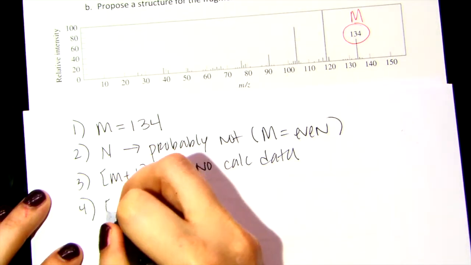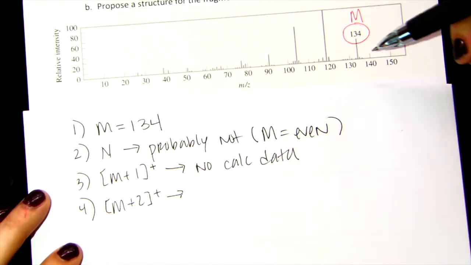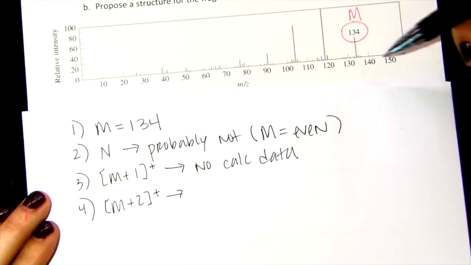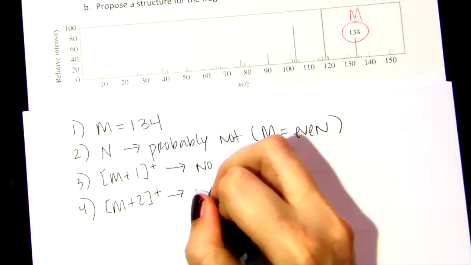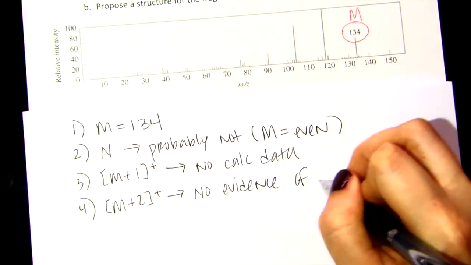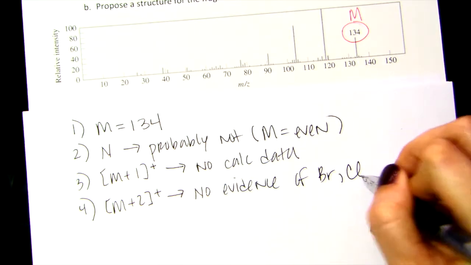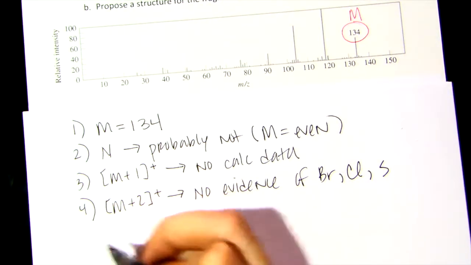And then M plus 2, we're not really seeing anything at M plus 2. You might see a little teeny nub, but it's not enough to definitively say we have anything there. You would see something more obvious if it was one of those heteroatoms. So there's no evidence of bromine, chlorine, or sulfur.